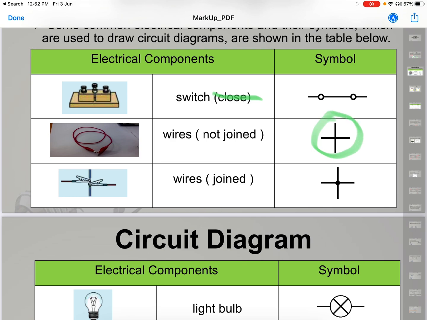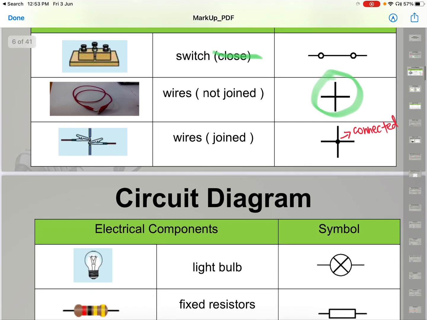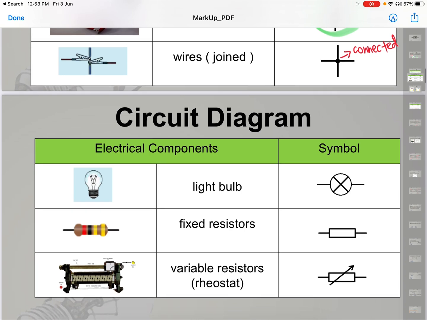Whereas if we have wires that are joined together, we will show that it is being joined up and connected via this intersection over here. Okay, and this also allows the current to flow through. Okay, light bulb. Light bulb is seen like this, a circle with a cross.